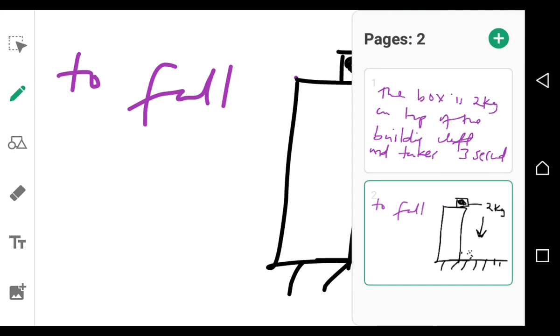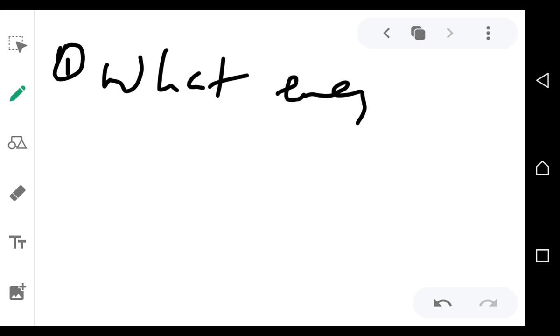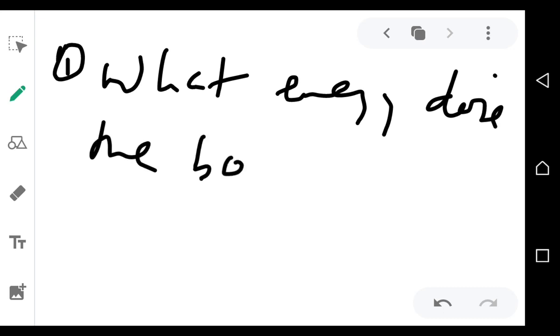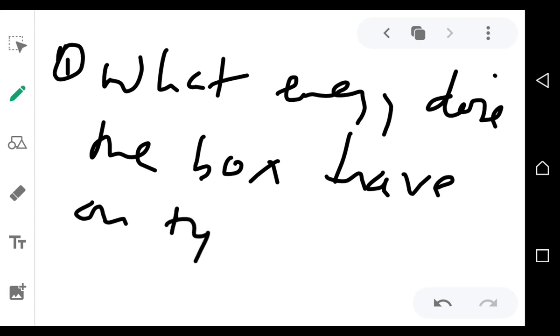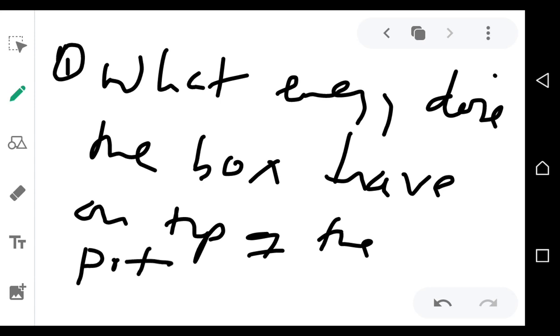Question one is, what energy does the box have on top of the building, or before it falls?